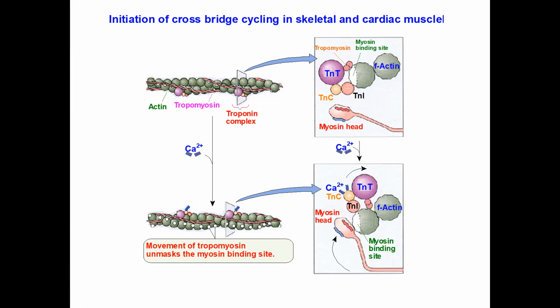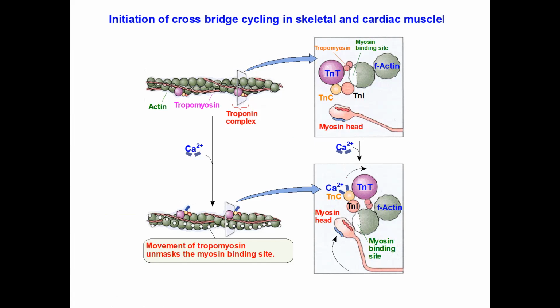And now the binding sites are open, and the head becomes very happy and says, now I go and bind myself with the actin. It goes there and binds with the actin, and the actin-myosin interaction, we call it cross-bridge cycle.